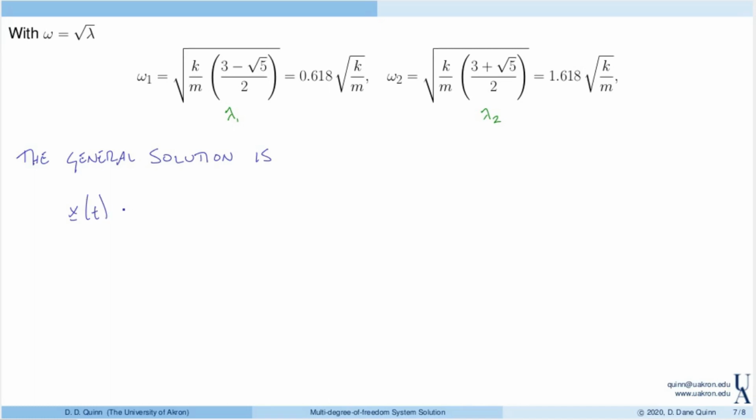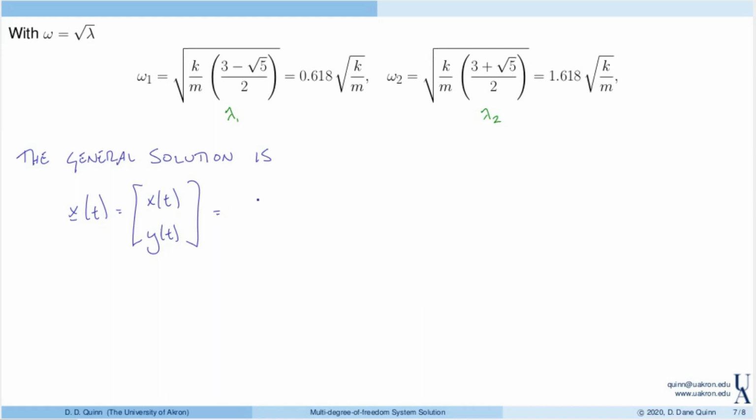So x of t here is a vector: the displacement of the first block, which was x, and the displacement of the second block, which was y. Notice that this is a vector and that's a scalar.